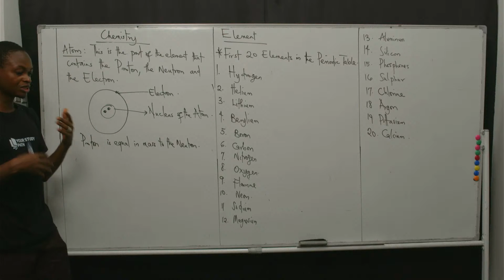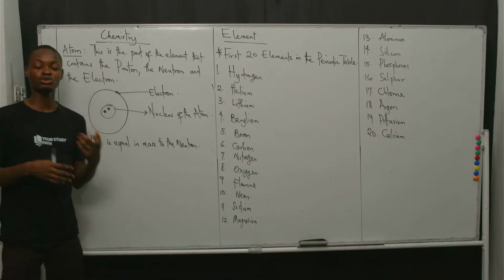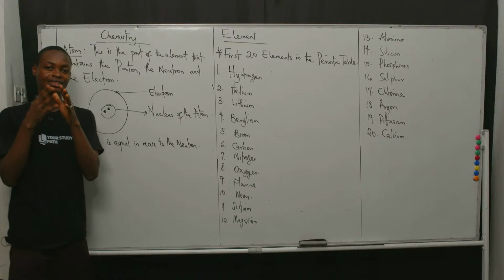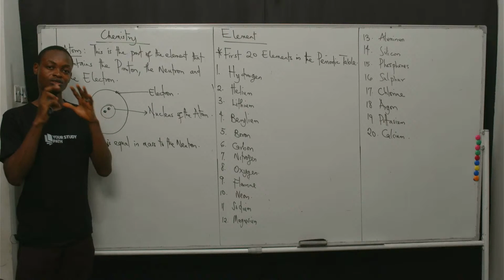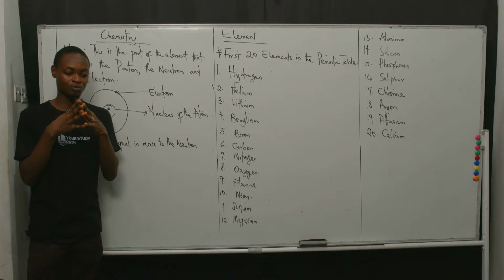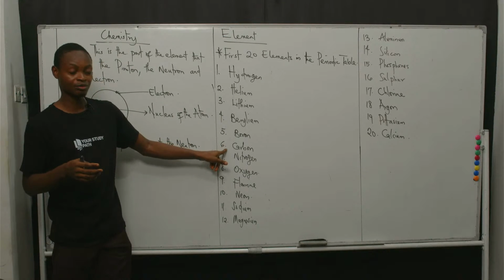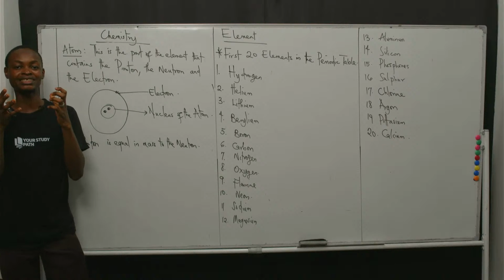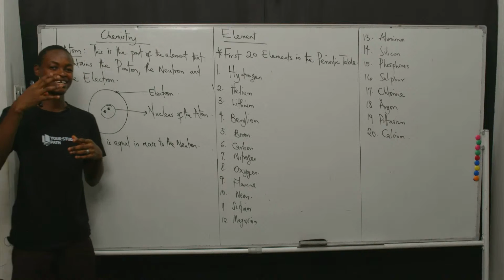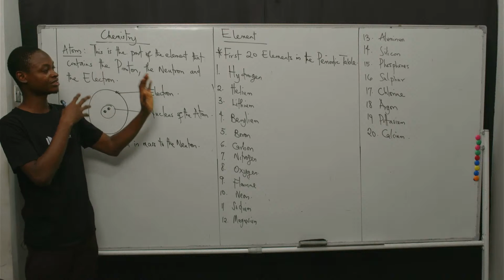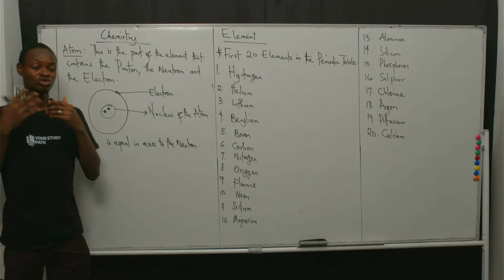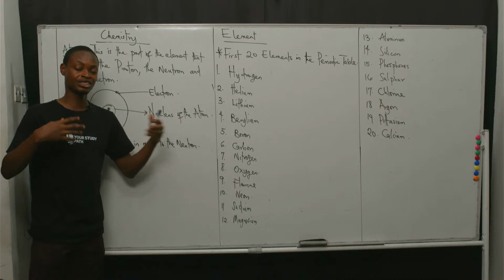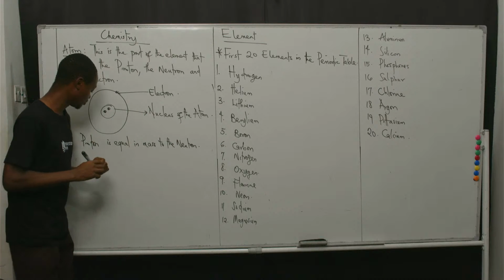And when we measure the mass of these particles, we measure them in terms of the carbon atom. We will talk about that later on in detail. But usually, the carbon atom, which is, of course, element 6, forms a very good base for measurement of mass in chemistry. We will talk about why later on. Once you start picking the characteristics of the element, you begin to see why carbon is in a very good position. But let's keep that for now.